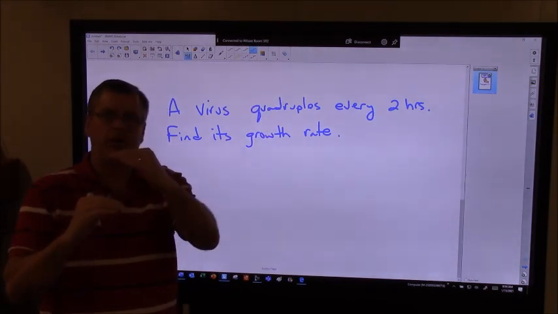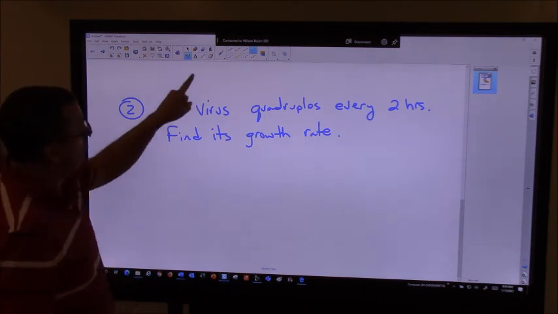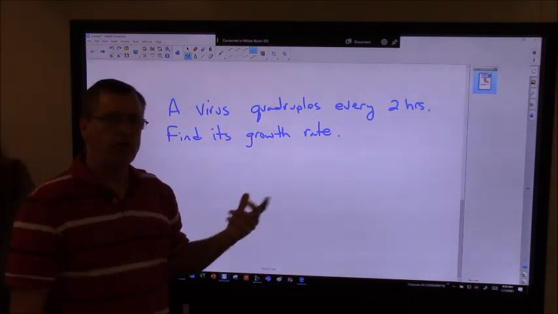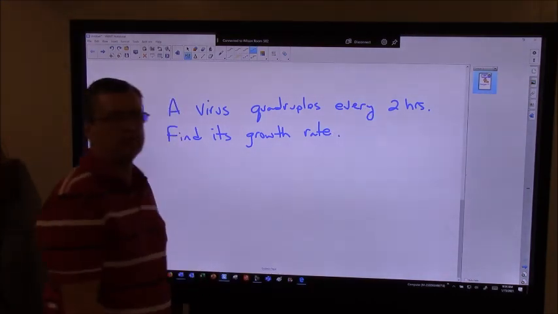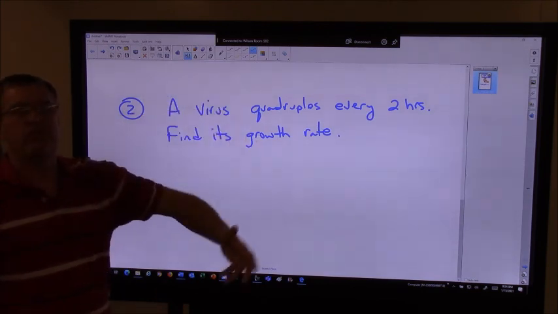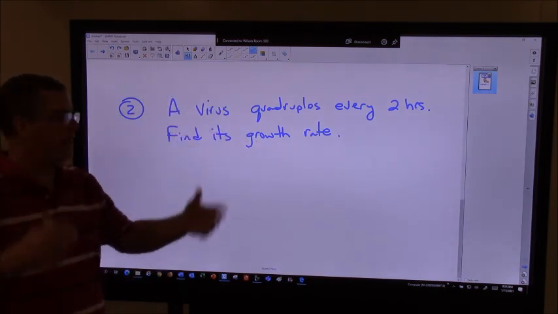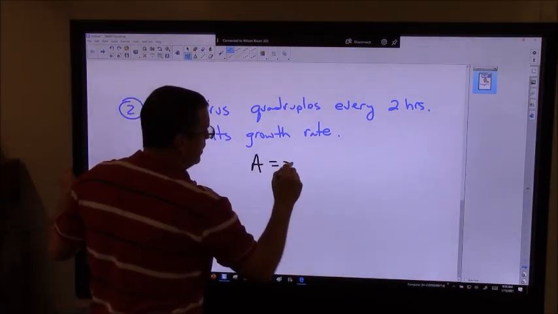Between 0 and 1 means decay. All right? So a virus quadruples. It becomes 4 times as much as what it was in a 2-hour period. Okay? When a virus is growing, that's a continuous thing. Continually grows and spreads. So again, we're still using our PERT formula.